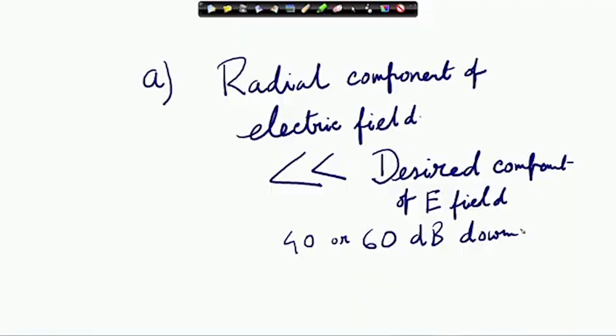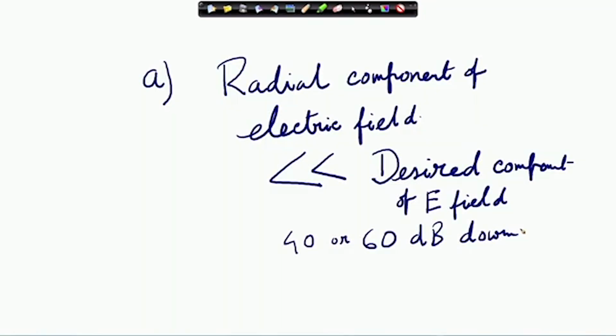So, the radial component of the electric field will not give any power flow. That is why it should be curtailed as much as possible, and then only we can say far field has been reached. So, this is the first criteria. Actually, this turns out to be the most stringent criteria. Many times we do not need such stringency, but still this criteria is important.